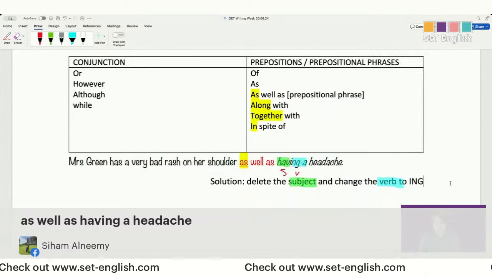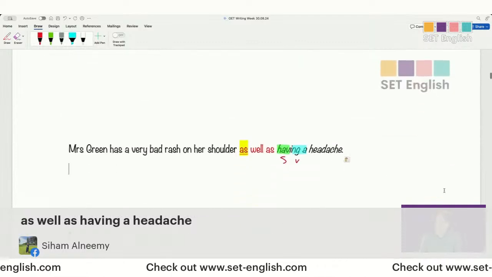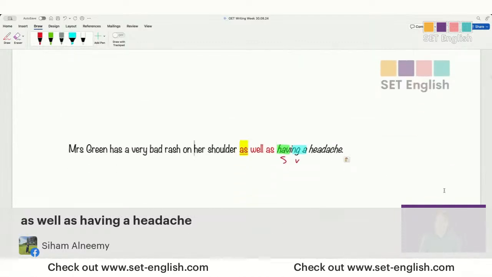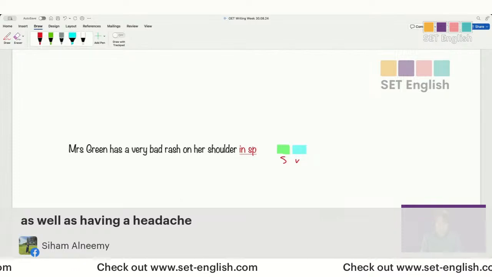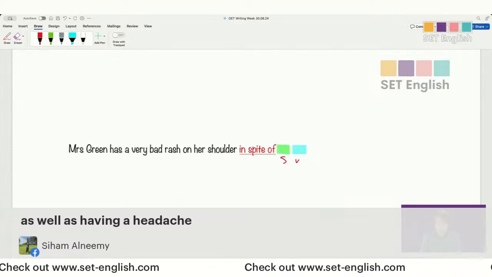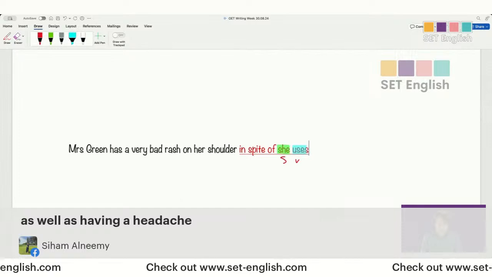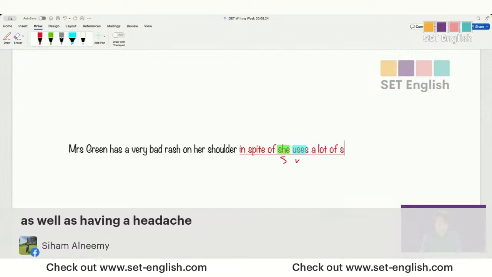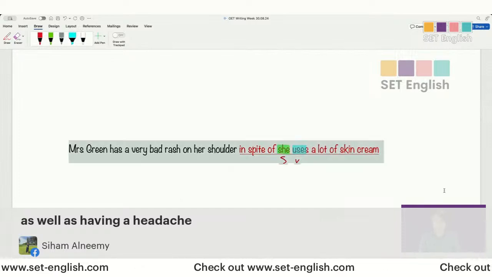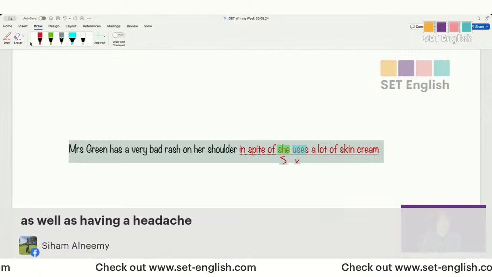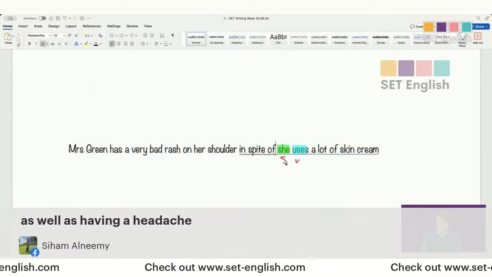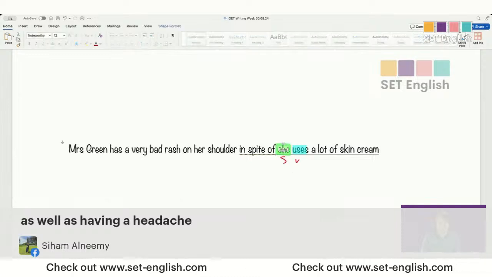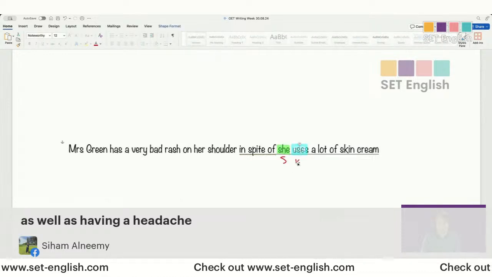Another common error we see often is like this. I'll do another example. Mrs. Green has a bad rash on her shoulder in spite of she uses a lot of skin cream. Again, "she" is the subject, "uses" is the verb.